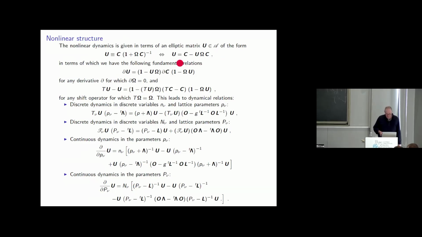From these relations you can derive that any differential relation that doesn't act on the Cauchy kernel will obey this type of relation, where the differential only acts on the linear quantity C. And the same for the shift variable. Any shift in whatever variable of this quantity U that is defined in this way will obey this relation.